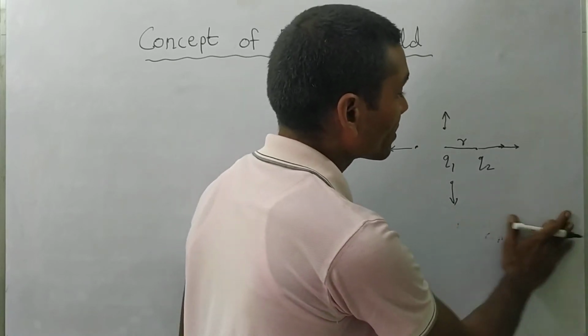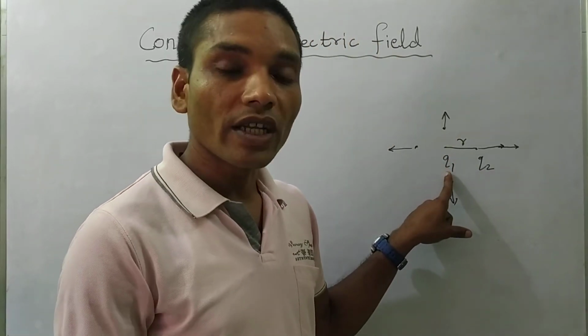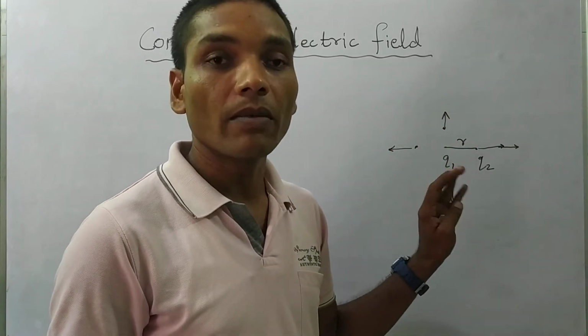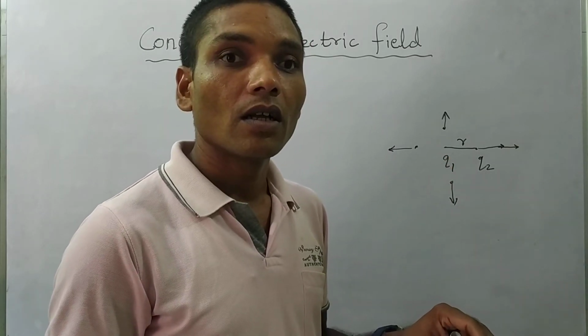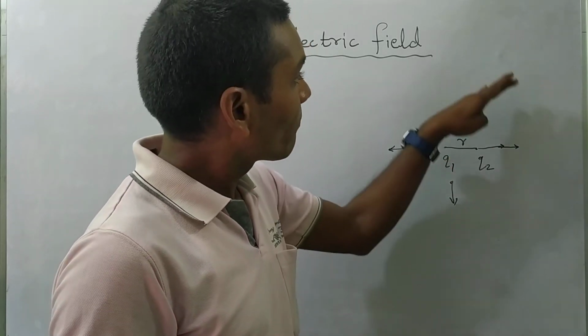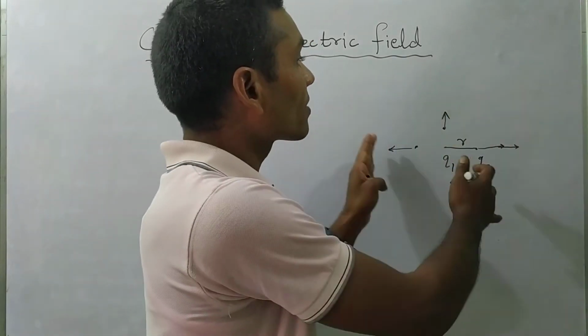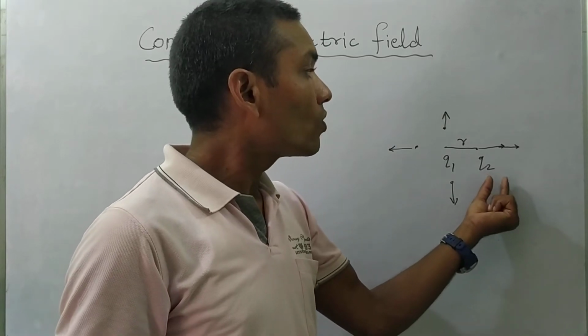The conclusion here is that surrounding this Q1 charge, an electrical environment is developed around this point charge, or an electric field. This is called the electric field, up to which the electrostatic force is experienced by the Q2 charge.